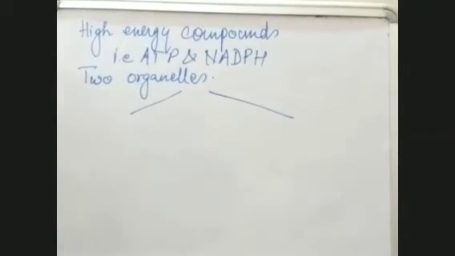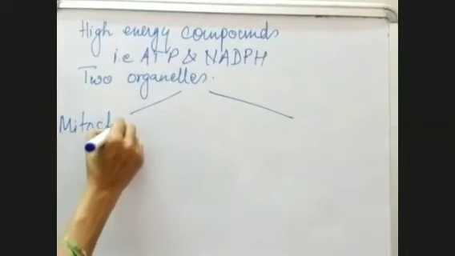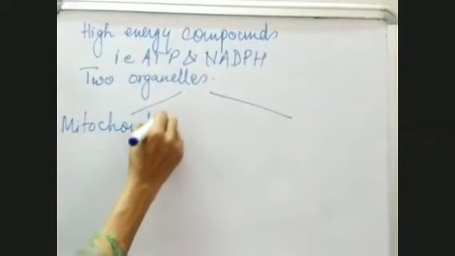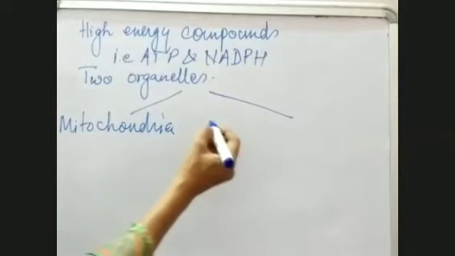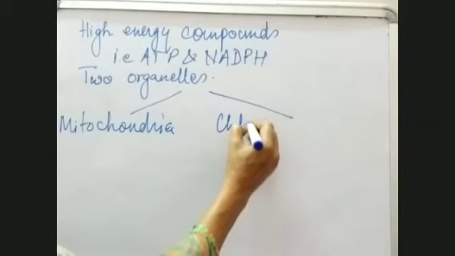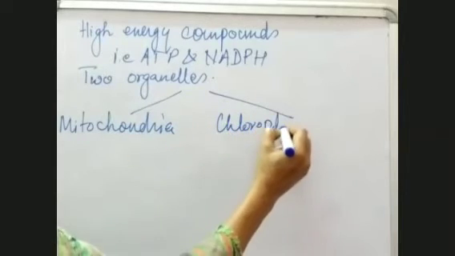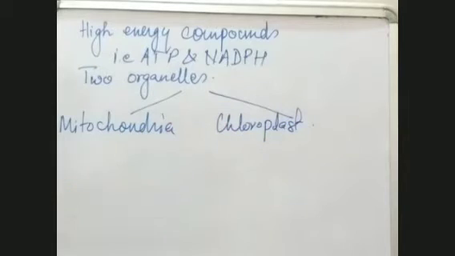The first organelle in which this process of synthesis of ATP and NADPH is seen is mitochondria. And the second organelle where this synthesis of high energy compound is seen is chloroplast. So these are the two organelles where the synthesis of high energy compounds is seen.